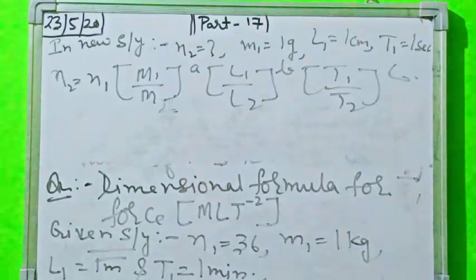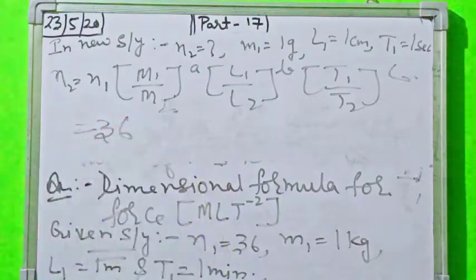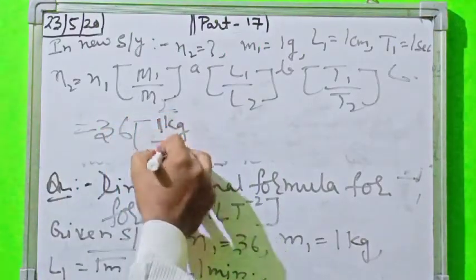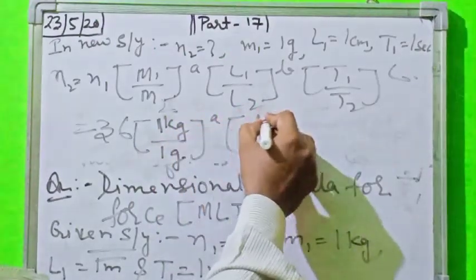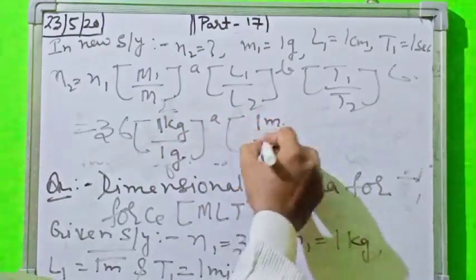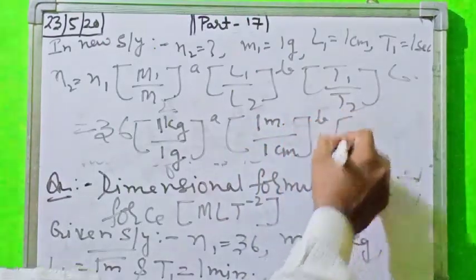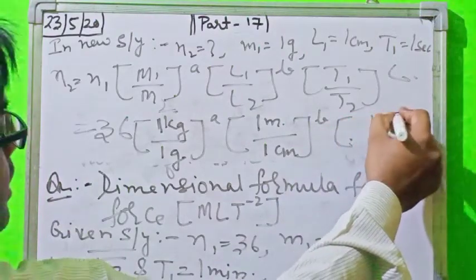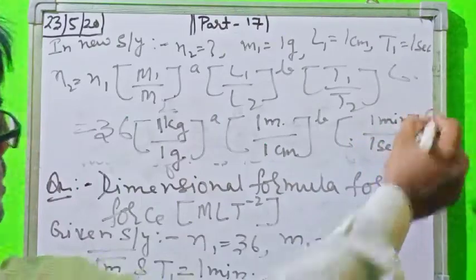Now putting the values, 36, it is the n1 value given, 1 kg upon 1 gram power a, 1 meter upon 1 centimeter power b, and 1 minute upon 1 second power c.